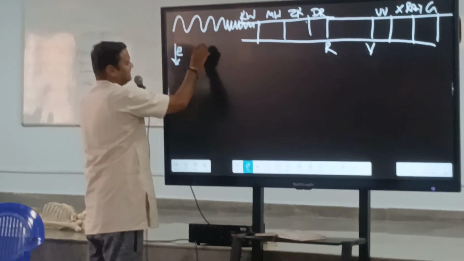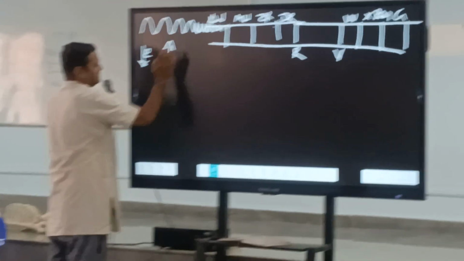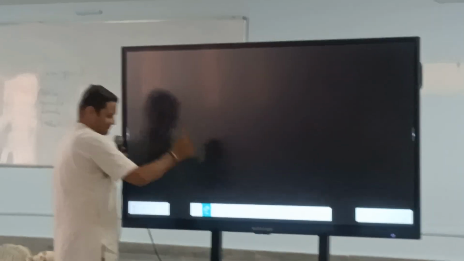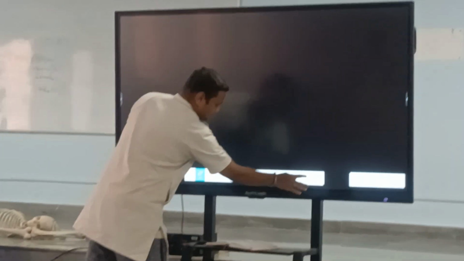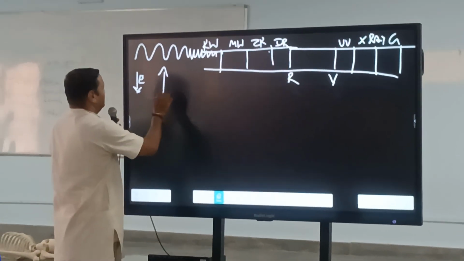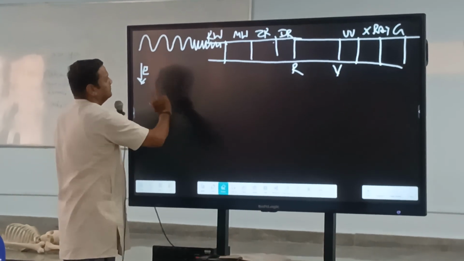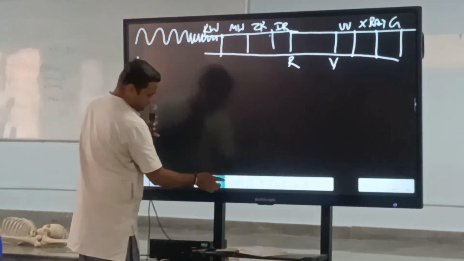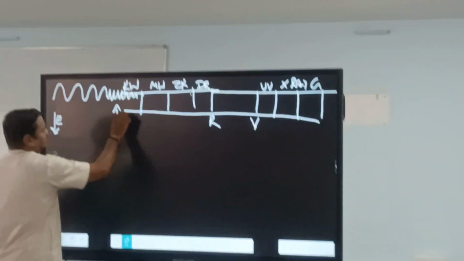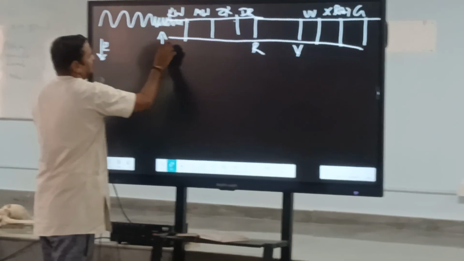Here the wavelength is less, the energy is more. So yesterday we learned about this.